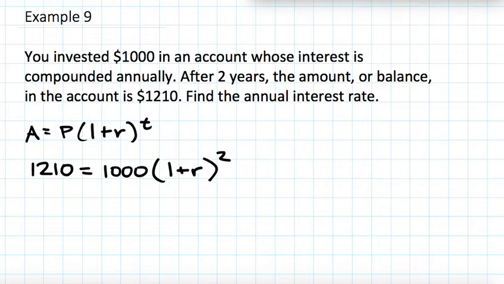So I need to get R by itself. The first thing that I need to do is get rid of this 1,000. Going backwards up through order of operations, I need to get rid of what's multiplied first. So divide both sides by 1,000. This is going to be 1.21.